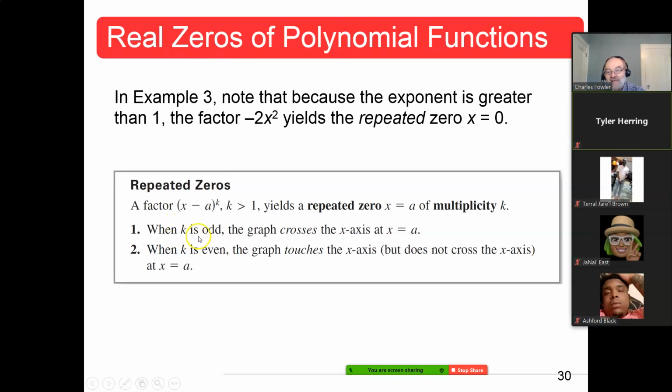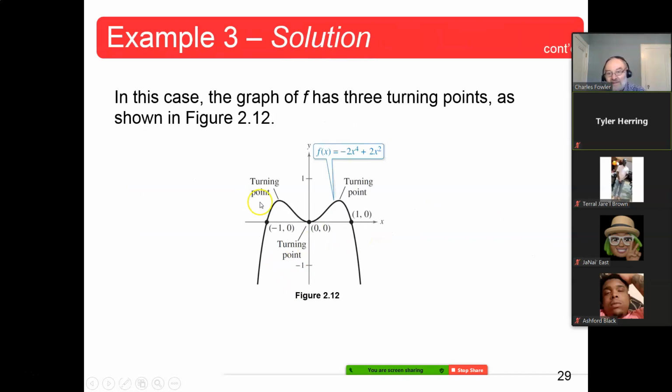Now, when that k is odd, our k was even here, the graph actually crosses the x-axis at x equals a. We saw that when k was 1, that crosses. When k was 2, even, it doesn't cross.